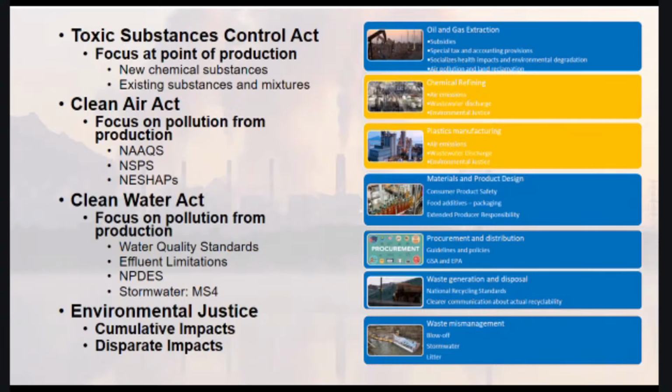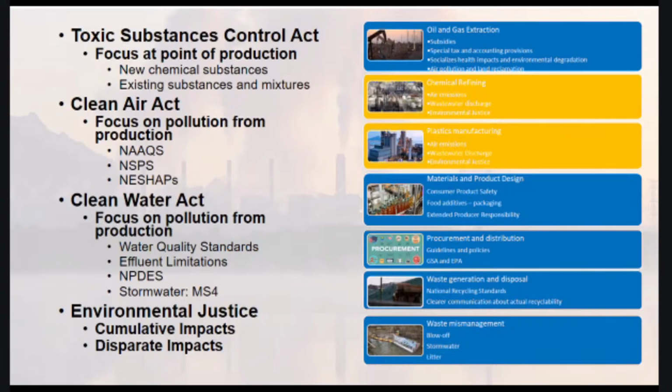But right here, when we're thinking about chemical refining and plastics manufacturing, we can really start talking about better deploying the existing authorities that we have under the Toxic Substances Control Act, the Clean Air Act, and the Clean Water Act.